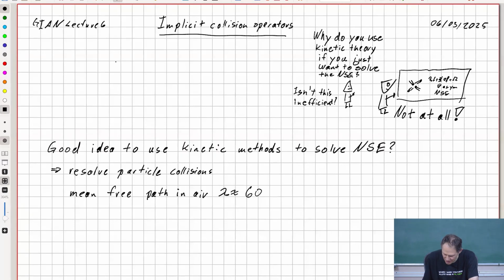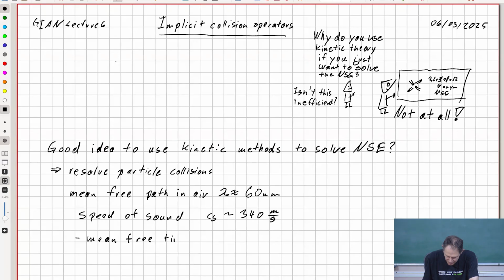But here at sea level, it will be of the order of 60 nanometers or 100 nanometers. You have a speed of sound of, I would say, roughly 340 meters per second.